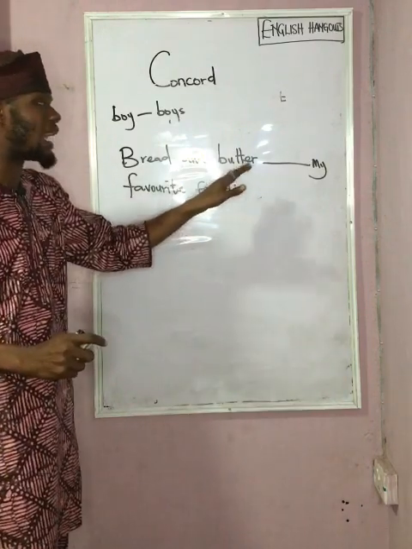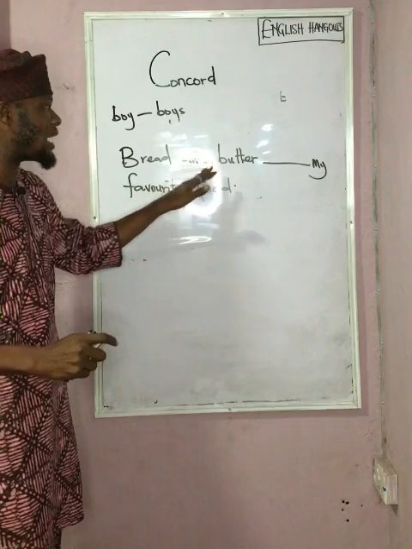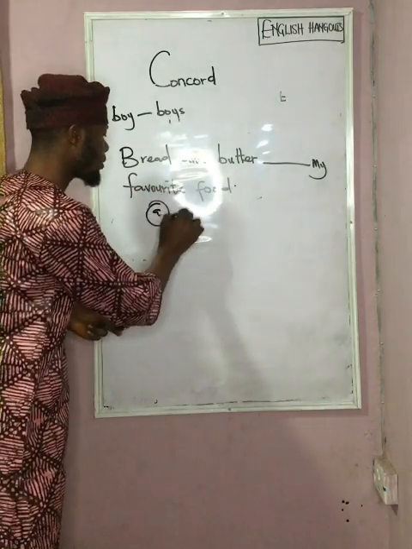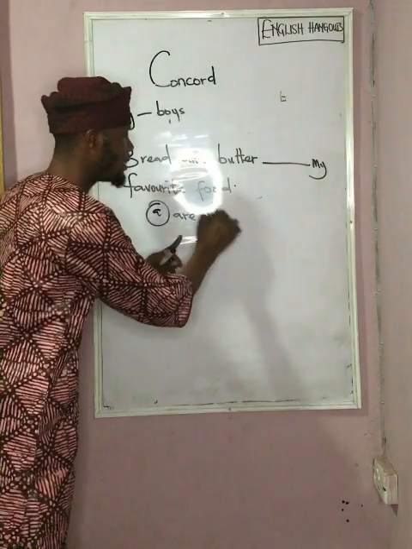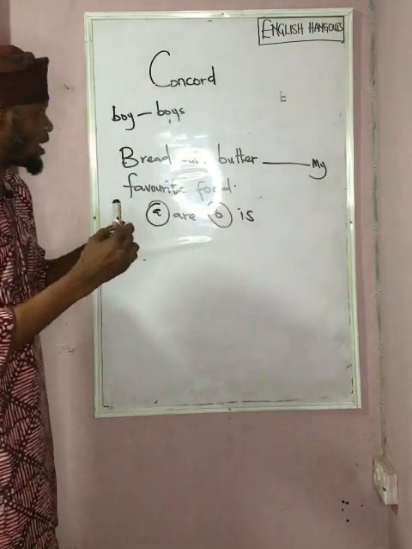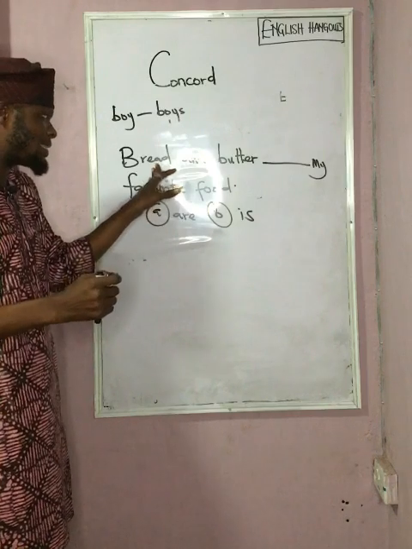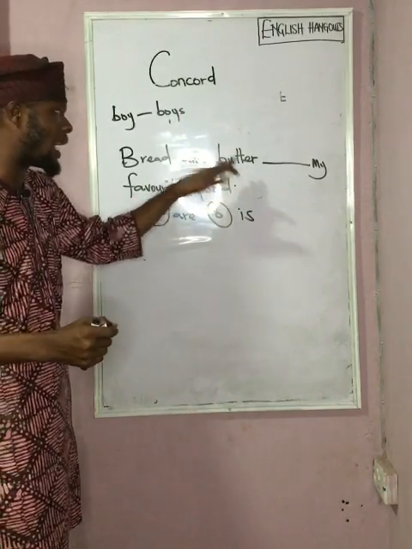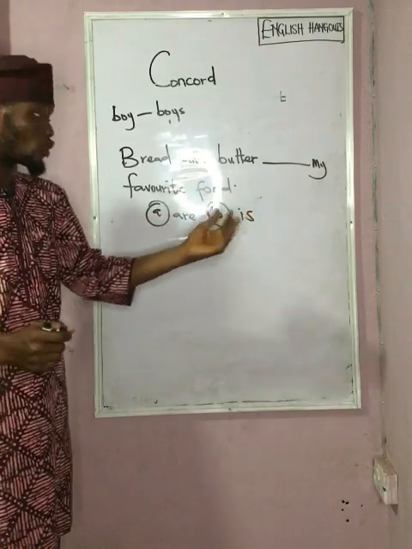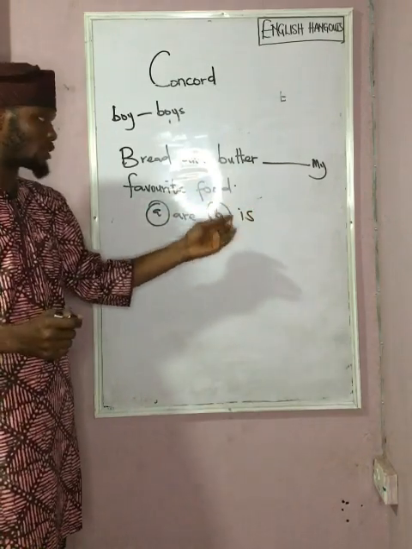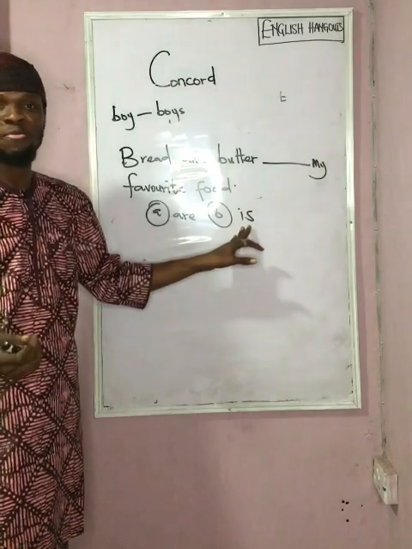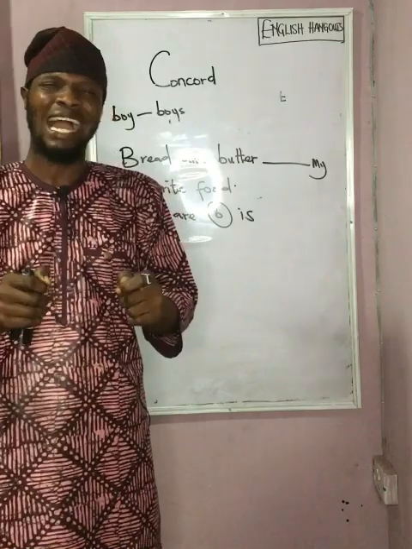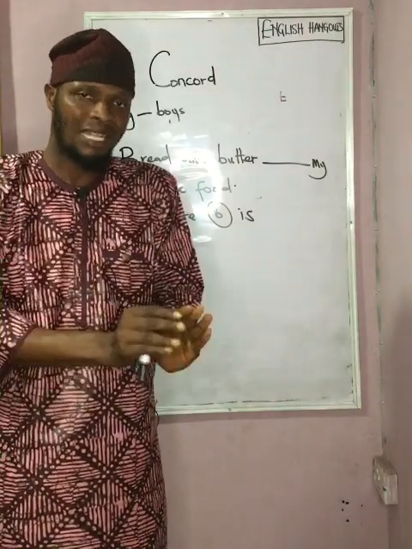But in a situation like this, let's assume you have option A, are, B, is. Because we have an entity here and also another entity here, which is being connected by and, what will you go for? Some will go for are, while some other students will stick with is. But concord is governed by rules, and also there are exceptions to rules.